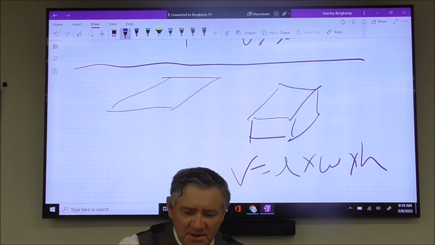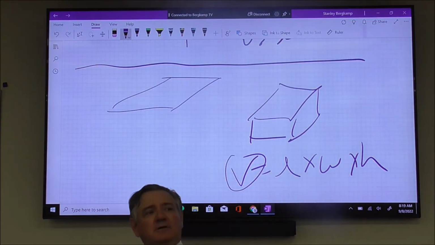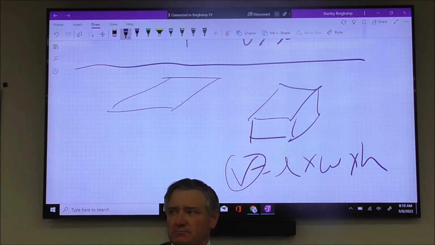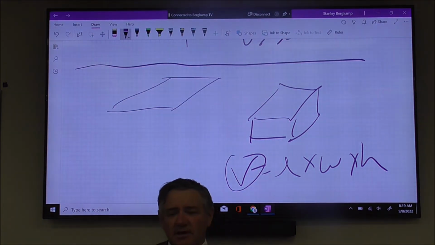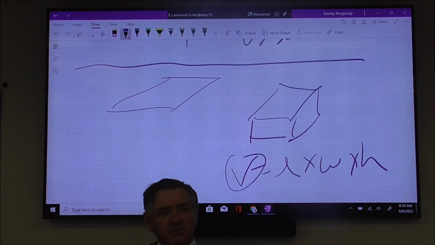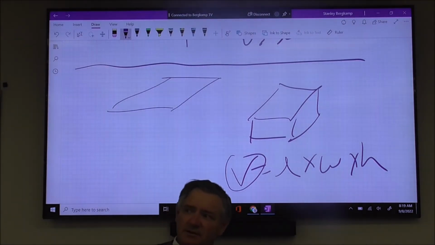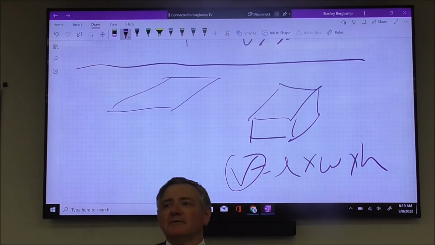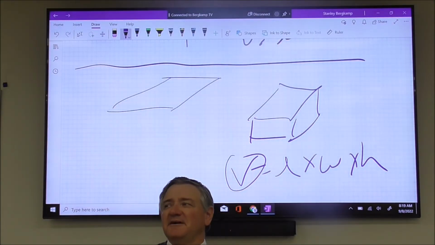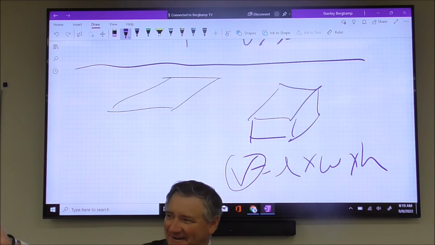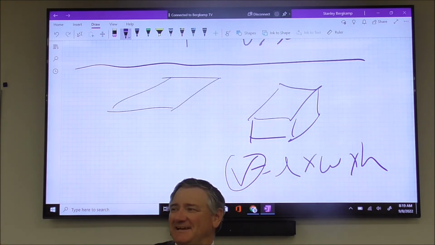So if you can figure out the volume of the aluminum foil, and if you know two of the dimensions, you can figure out the third dimension. What'd you say, Grace? The height, which is going to be microscopic, because it's aluminum foil. Exactly.